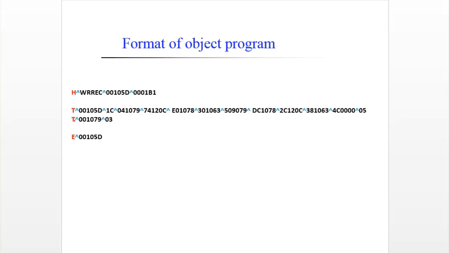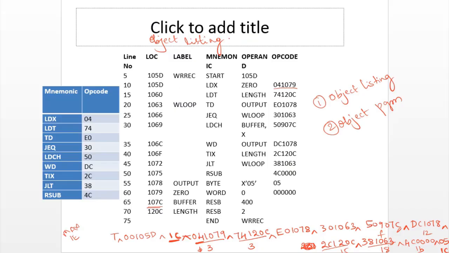The format will be the same: text record followed by the starting address of the instruction for this record. Where is this instruction appearing? See, up to 1078 I have already included in my previous text record. My next instruction that should be accommodated in my new text record will appear at the address 1079.